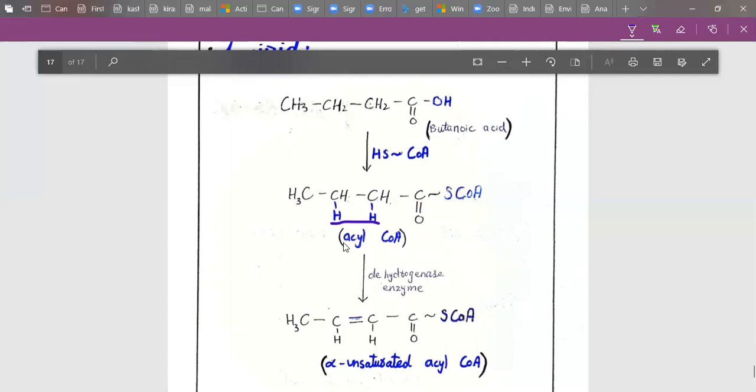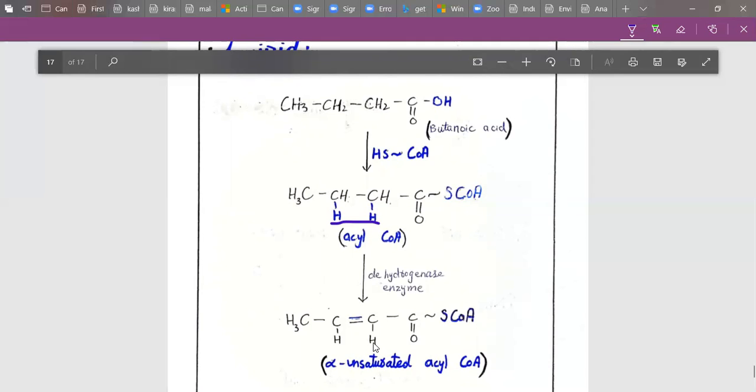If the hydrogen is removed from these two carbons rather than from this carbon, then we can say that it is beta unsaturated acyl coenzyme, because of the functional group. The carbon which is attached to the functional group is called the alpha carbon, and the hydrogen attached to the alpha carbon is called alpha hydrogen.